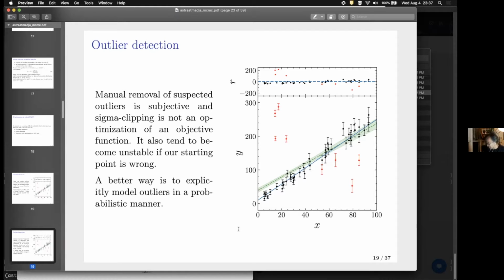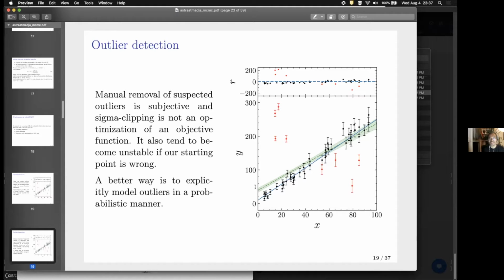Sigma clipping can also be a little bit unstable. If by including all data we already get the wrong results, like here, for example.